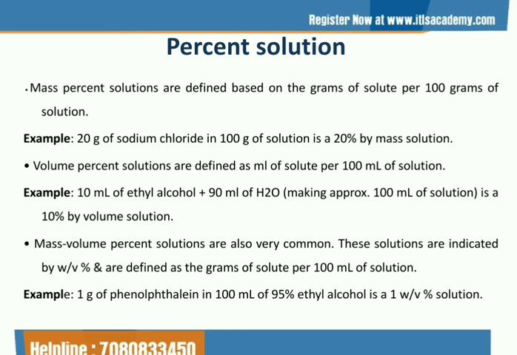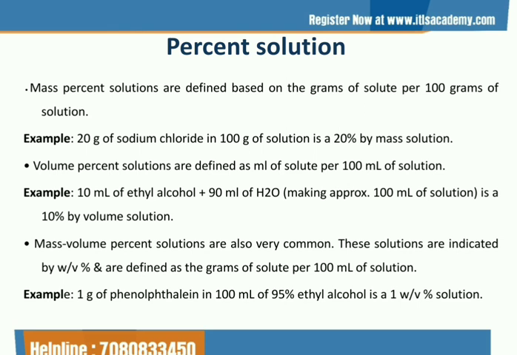Example: 20 grams of sodium chloride in 100 grams of solution is a 20% by mass solution. Volume percent solutions are defined as ml of solute per 100 ml of solution. Another example is 10 ml of ethyl alcohol plus 90 ml of water making approximately 100 ml of solution is a 10% by volume solution.